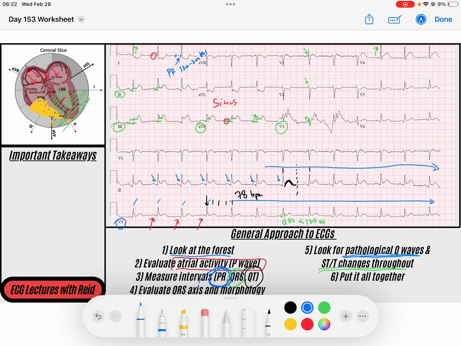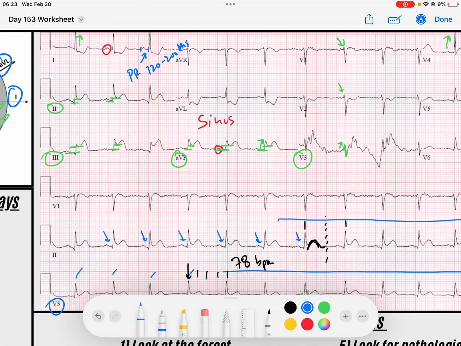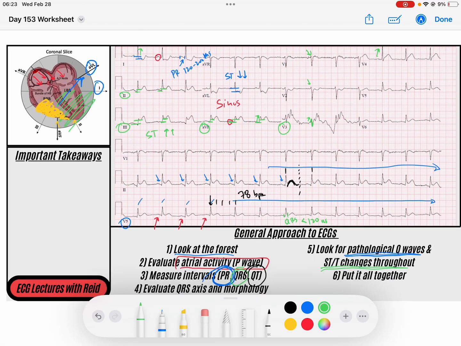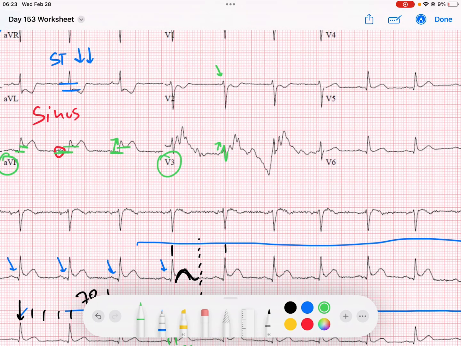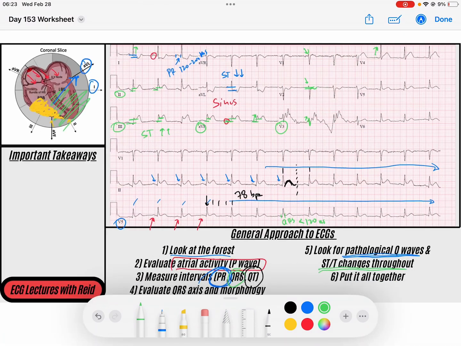I look to the opposite leads AVL and lead 1, and I see I've got reciprocal ST depression, right? So we've got ST depression in those leads, and we've got ST elevation in my inferior leads. So that's reciprocal changes. And then I look through my precordium, and the only thing I really see here is maybe a little bit of T wave inversion, ST depression, maybe plus or minus posterior involvement.